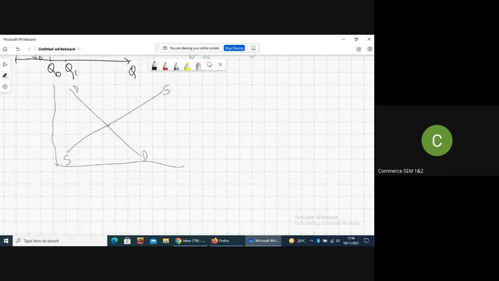This is the point where these two curves intersect each other. Call this point E. Corresponding to the point E, the price is P star, and the output is Q star.